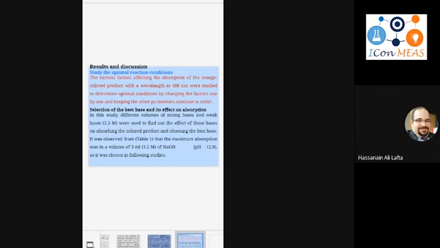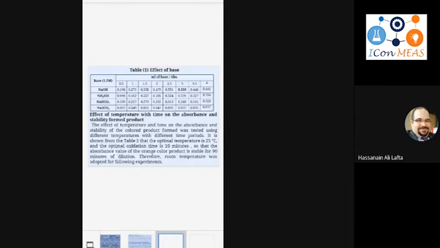Different volumes of strong and weak bases, 1.5 molar, were used to find the effect of those bases on absorbing the color product and choose the best base. It was observed from table 1 that the maximum absorption was at a volume of 3 ml of 1.5 molar NaOH, pH 12.9, so it was chosen in the following study. The results are shown in table 1.